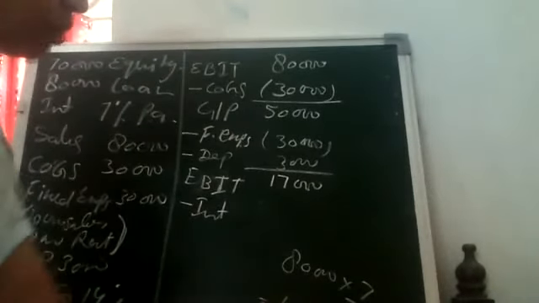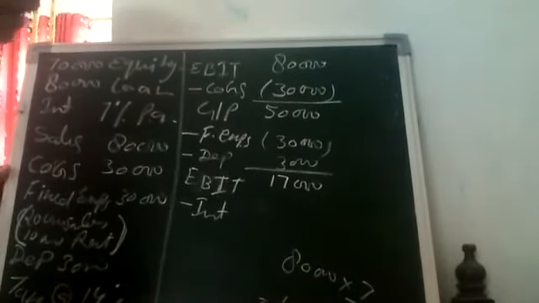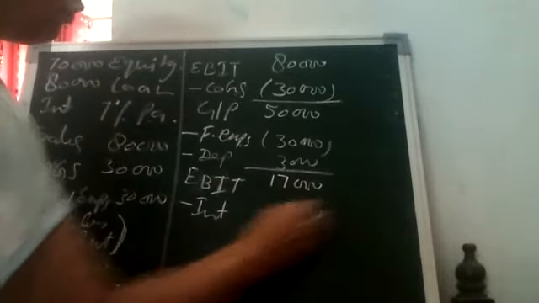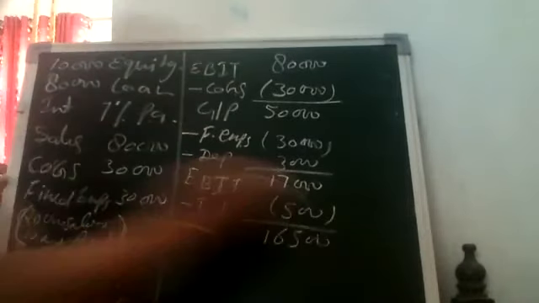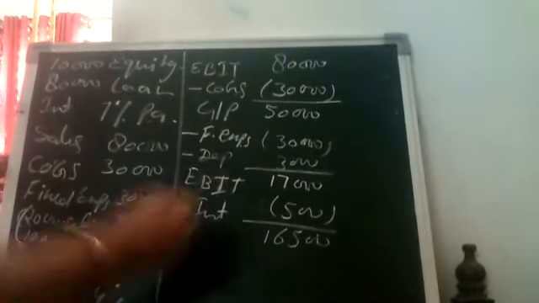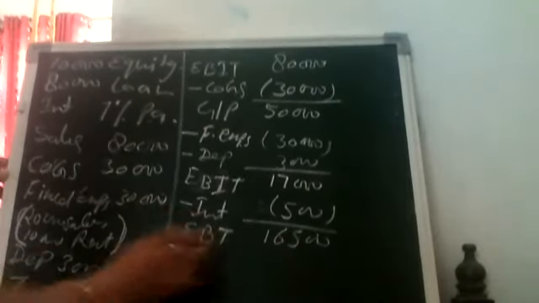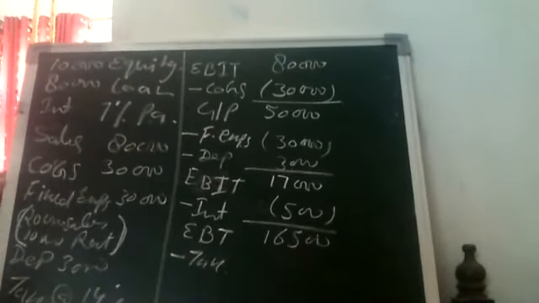That is 467. So we take it as a complete round figure, approximately 500. It will become 16,500. Okay. Now whatever is this profit, earning before tax, interest has gone. Now minus tax. Tax rate is 14%.